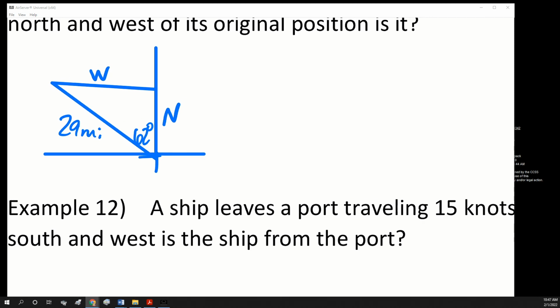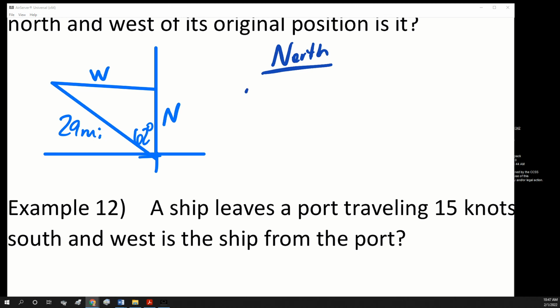Okay, so let's start with north. So looking at what we know, this angle, we know the hypotenuse, and what we want to find is north, which trig ratio would you guys use? Cosine, because north is adjacent to 62 degrees.